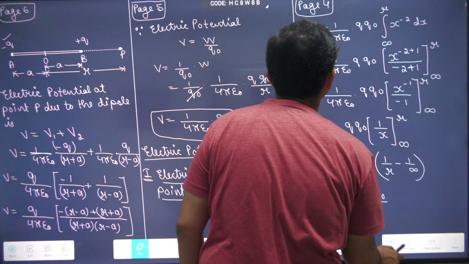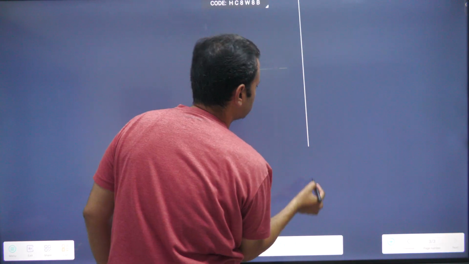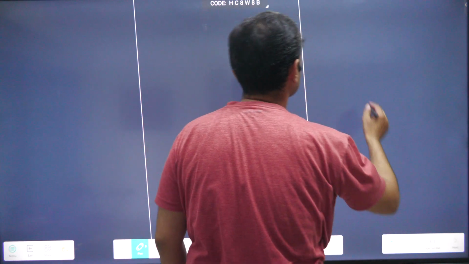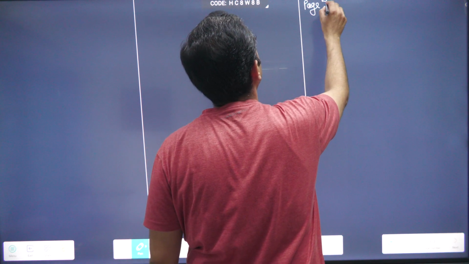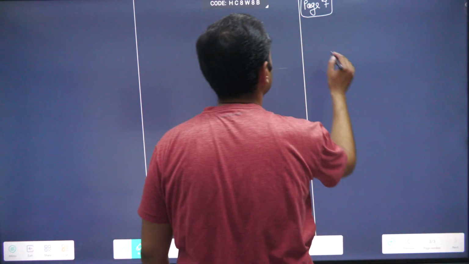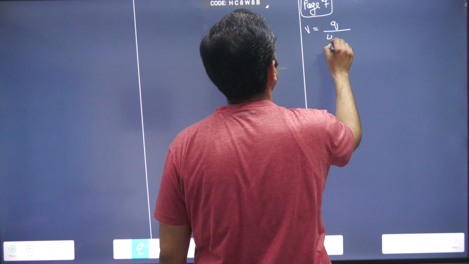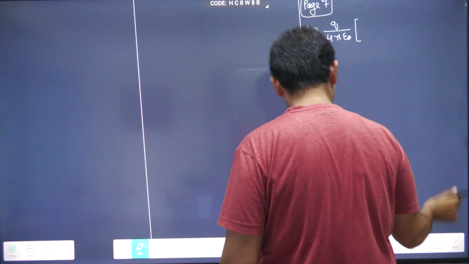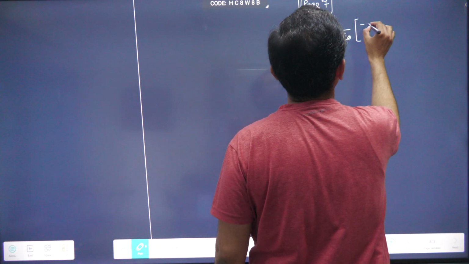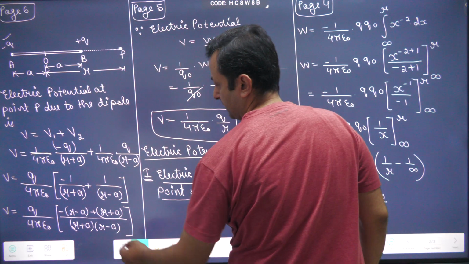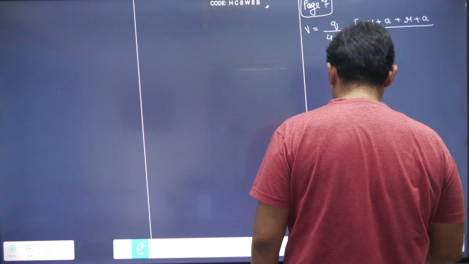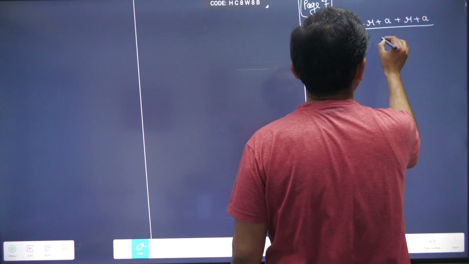We have V is equal to q upon 4 pi epsilon naught, minus r minus a minus r plus a, plus r plus a, upon r plus a into r minus a, which is r square minus a square.